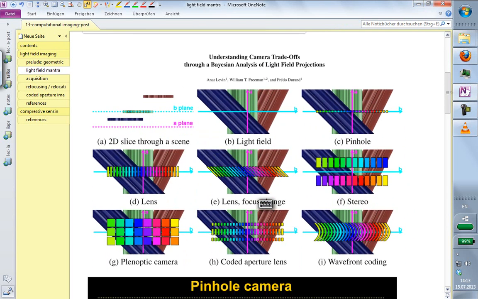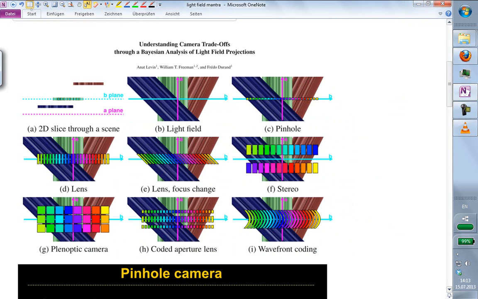So here is my favorite paper in all of light field analysis. The picture comes from a paper by Anat Levin, Bill Freeman, and Fredo Durand. And Anat told me that she actually had trouble getting this paper accepted.